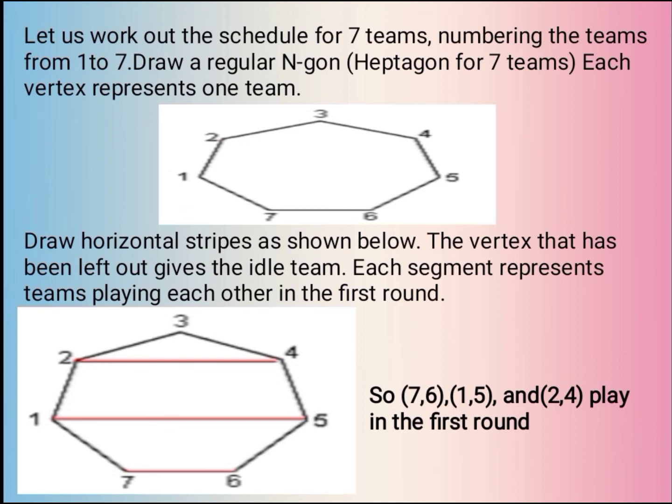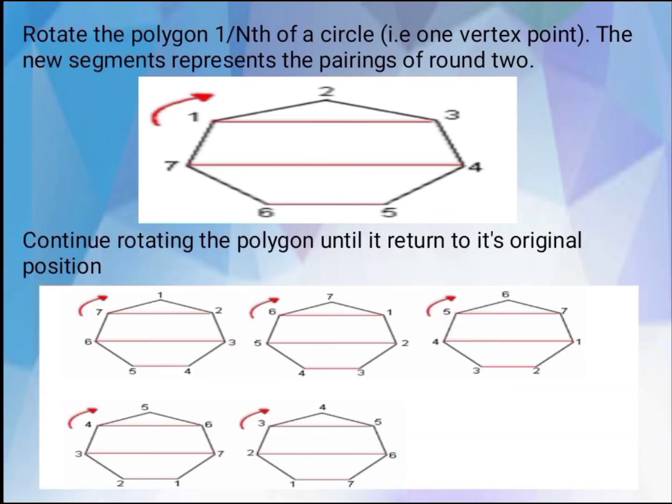So as you can see, the red line shows who plays in the first round. So Team 7 versus Team 6, Team 1 versus Team 5, and Team 2 versus Team 4. Rotate the polygon 1 over n of a circle, one vertex point.